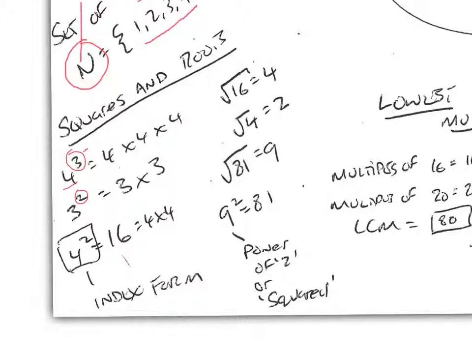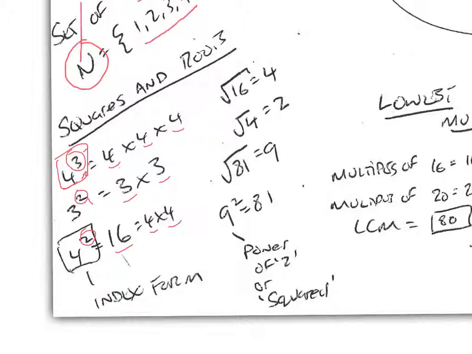And if we write a number as something like 4 to the power of 3, that number is written in what we call its index form, where 4 to the power of 3 is the same as 4 times 4 times 4. Similarly, 3 squared, or 3 to the power of 2, is the same as 3 times 3. 4 squared is the same as 16. 4 fours are 16, or 4 times 4.